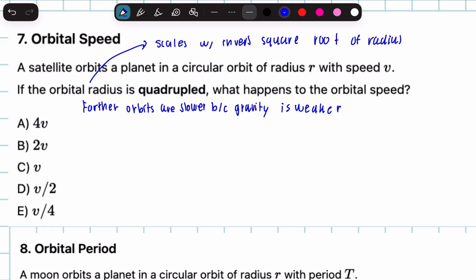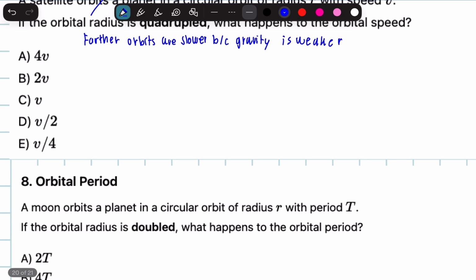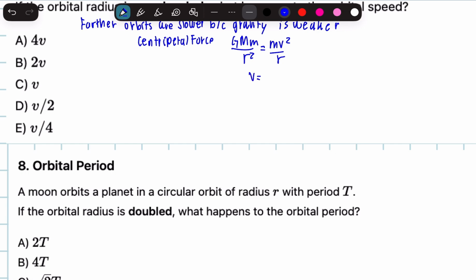So this is represented in a formula that we can derive from centripetal force. Using centripetal force, we have G times m over r squared is equal to mv squared over r. And that means we can get v is equal to the square root of GM divided by r.